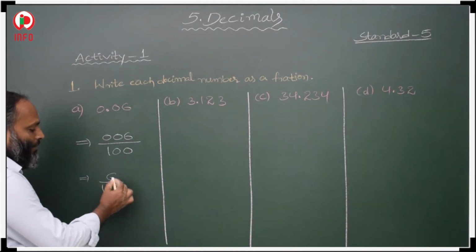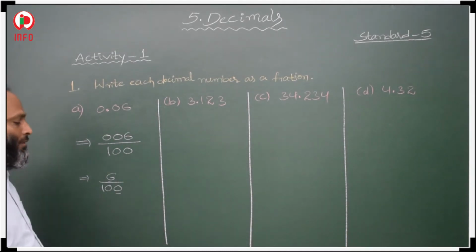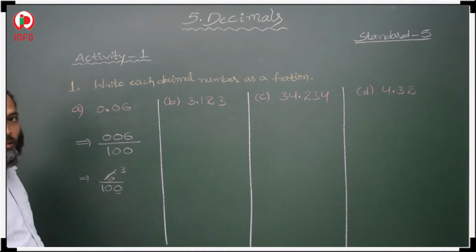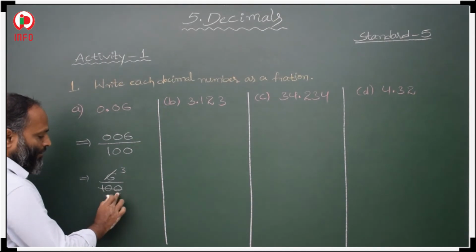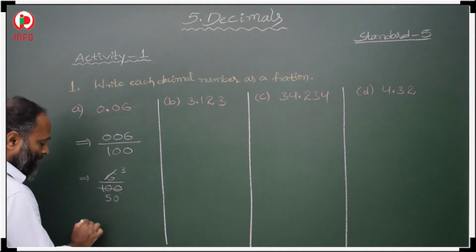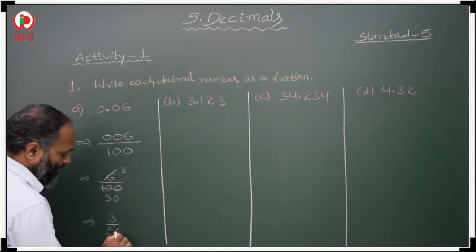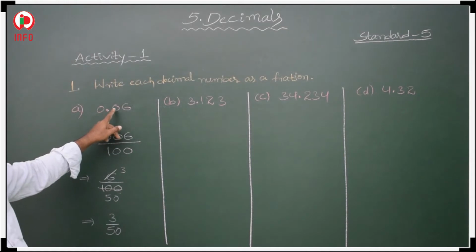If both are even numbers, they cancel with 2. 2 3s are 6, 2 5s are 10, and this 0 as it is. Then in simplified form it is 3 by 50, which is nothing but 0.06.